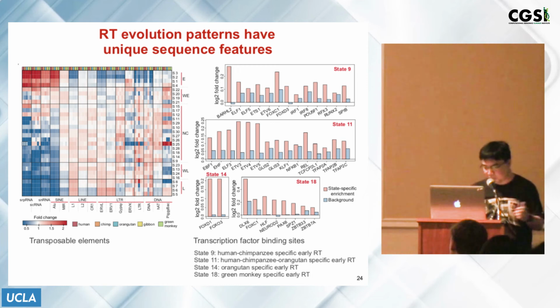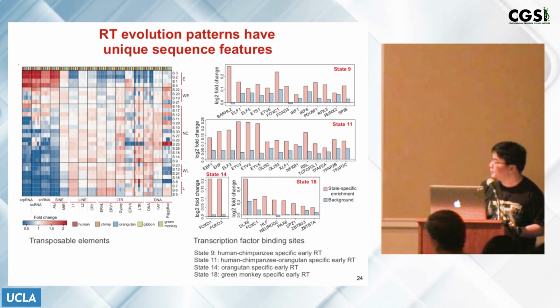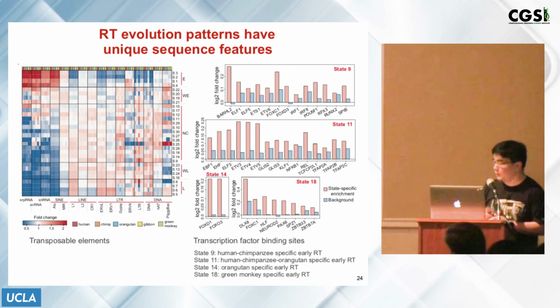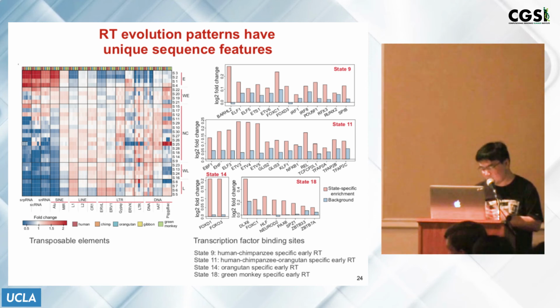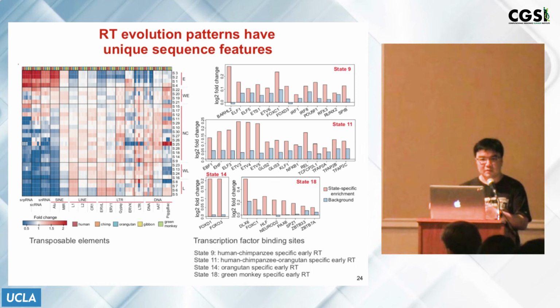So if some of you know the biology or have studied these RNA repeats, I think it will be interesting to talk. We also looked at motif enrichment for TFs in different lineage-specific states. The idea is that if you see a human-specific early replication region, we ask whether there are specific TF motifs that this element might be contributing to.